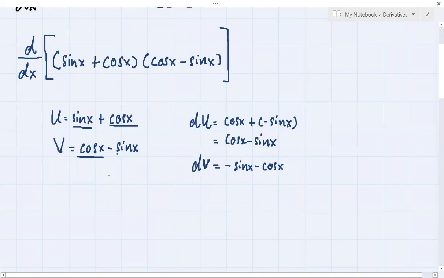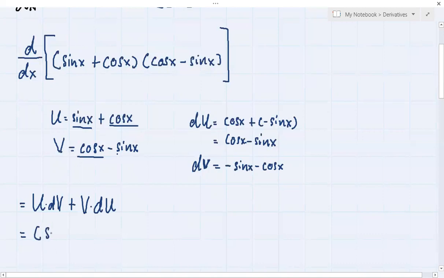Now, we can substitute it into our formula, which is ito yun. U dv plus v times du. Ay, sorry. That's it. Now, let's substitute.